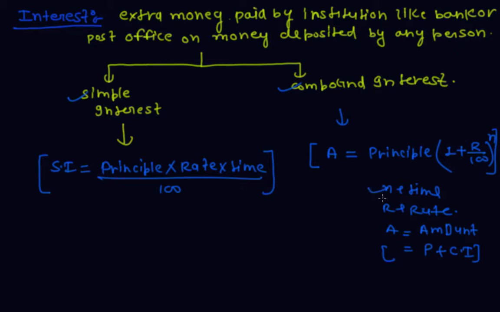N is the time for which the amount is given, r is the rate by which percentage the interest is to be earned or given, and A is the final amount after adding compound interest to the principal amount. So A is equal to principal plus compound interest.